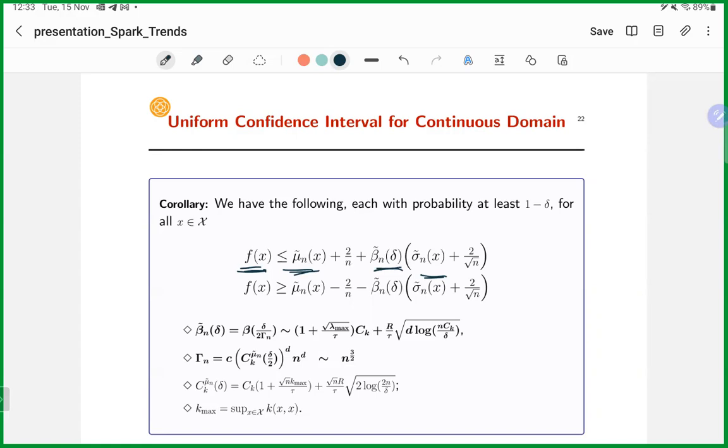The only thing is this confidence interval which we want to mathematically prove is valid. And this is very similar to the confidence interval that we had for the single fixed point. And again, the crucial thing is this lambda max, the maximum eigenvalue of the error.